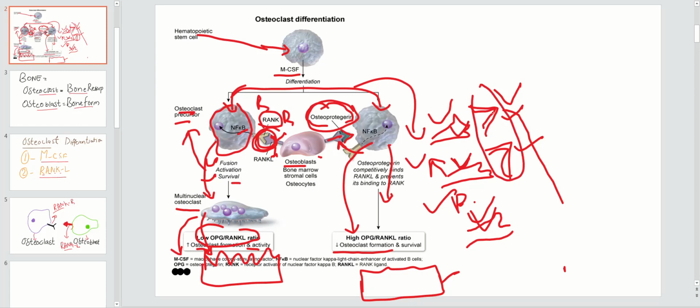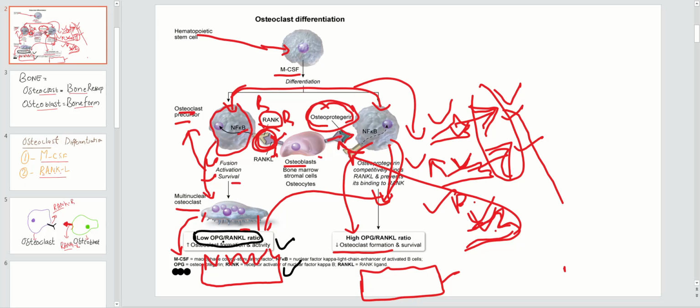So what is happening is the 2 osteoprotegerin will bind with 2 ligands, but this one doesn't have any osteoprotegerin, so it will go and bind with the receptor on the osteoclast, and this osteoclast becomes activated and causes the resorption of the bone. So that's why they're saying that when you have a low osteoprotegerin to ligand ratio, that is when your osteoprotegerin is low, you have increased osteoclast activation and increased resorption of the bone.